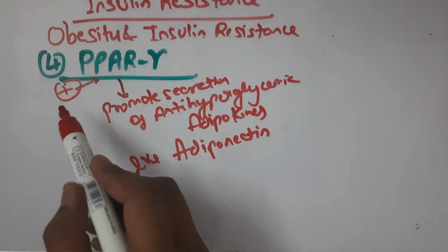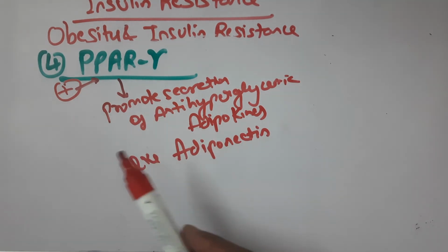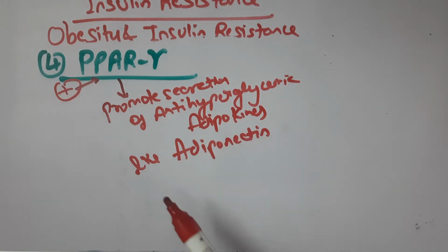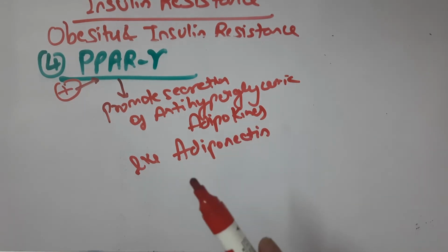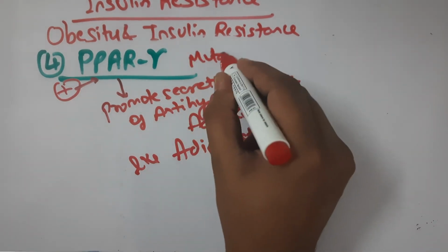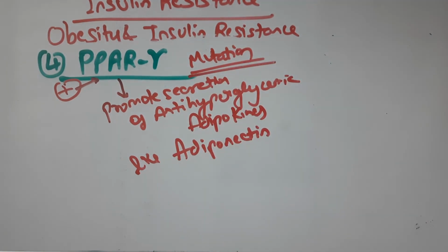Whenever PPAR gamma is activated, it promotes the secretion of anti-hyperglycemic adipokines like adiponectin, and we have already discussed that when adiponectin is released, insulin resistance decreases. But if there is a mutation of PPAR gamma and it starts working less, it will be implicated in insulin resistance.